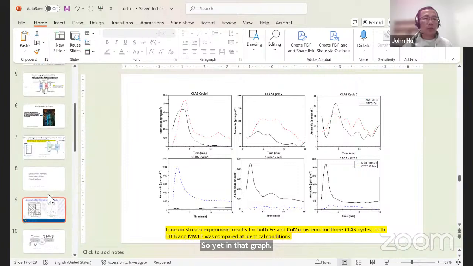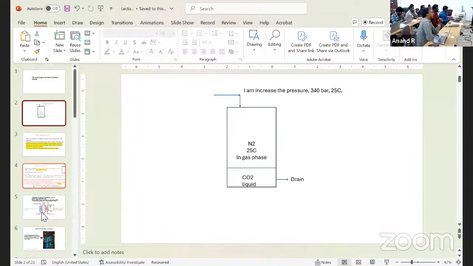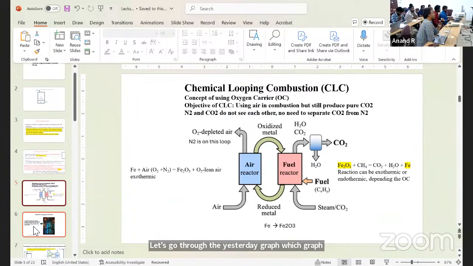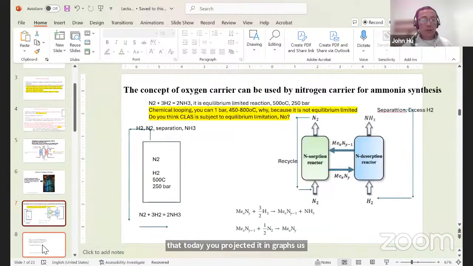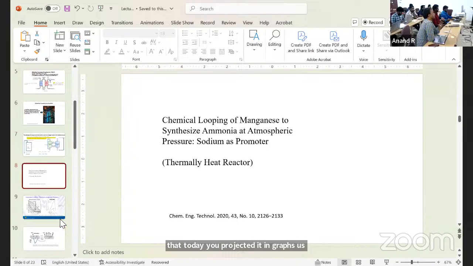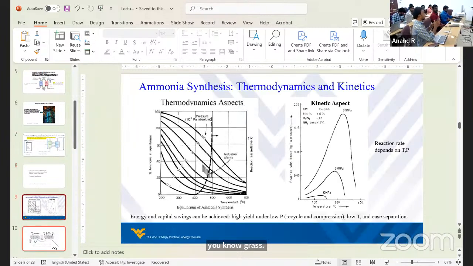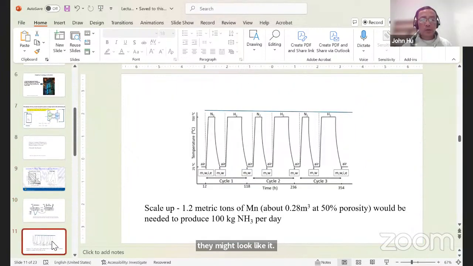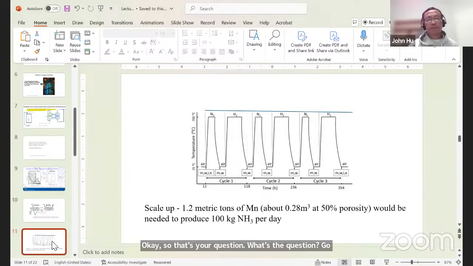Let's go through yesterday's graph. Which graph? No, yesterday we discussed, today you projected it in graphs. This one? No, the graph, the Michael Jetlo. This one? This graph? This one? Yeah. Okay. So that's your question. What's the question? Go ahead.